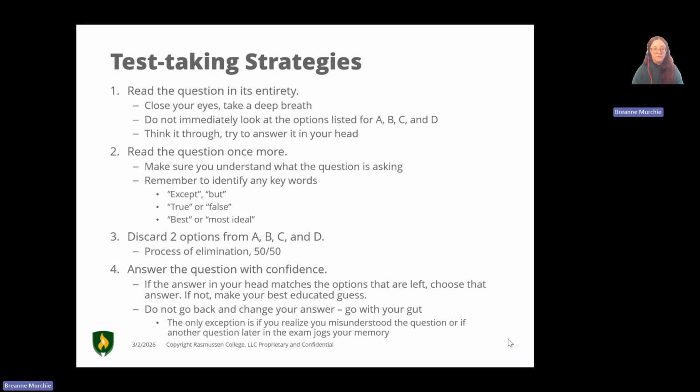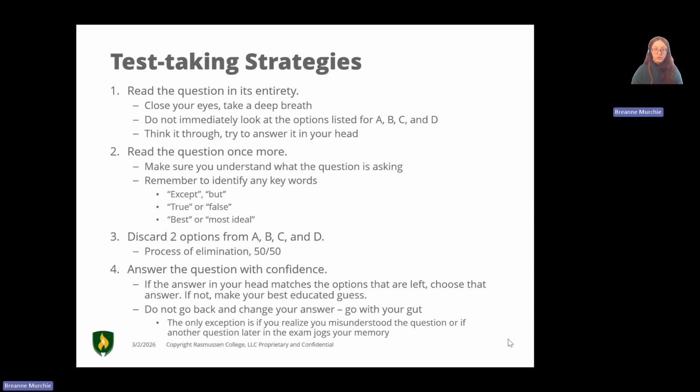The only exception for changing your answer is if further down the line you have this sudden realization that you either misunderstood the question, or if you're further through the exam and you receive another question that's similar or pertaining to the same topic and it jars your memory, then go back and review it. But if you are going to go back and review a question, make sure you don't just change your answer and move on.